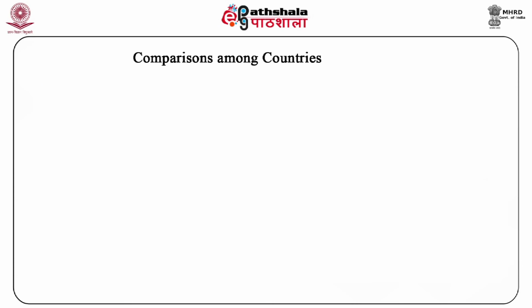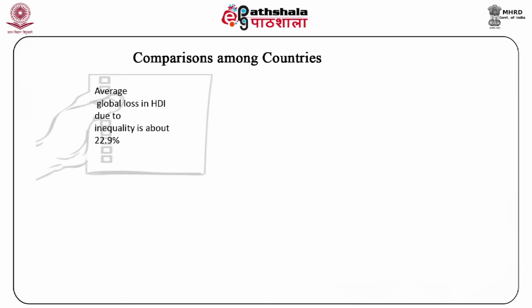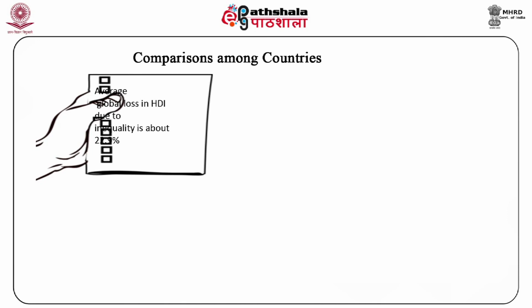Let's now compare some countries' experiences. The average global loss in HDI due to inequality is about 22.9%, ranging from 5.5% in Finland to 44% in Angola. Sub Saharan Africa suffers the largest losses due to inequality in all three dimensions, followed by South Asia, the Arab states, and Latin America and the Caribbean.